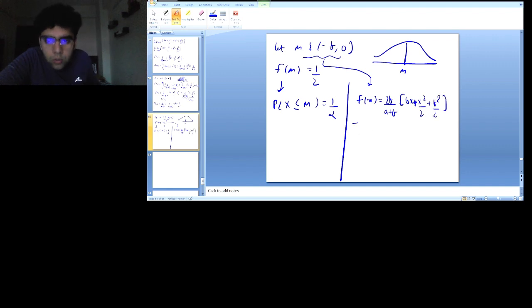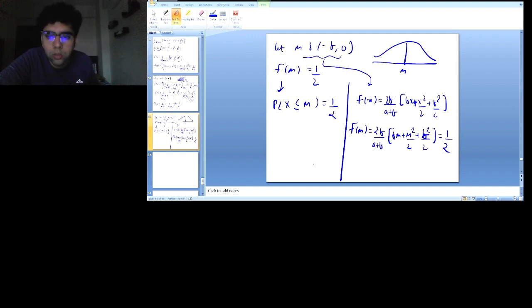So now we just need to put m here and equate it to half. This becomes bm plus m square by 2 plus b square by 2, which is equal to half. This is not m square, this is b square.